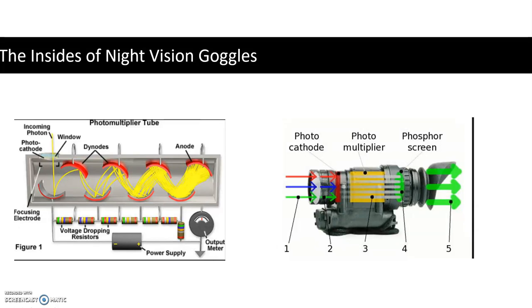When the photoelectron strikes a hole, it ionizes atoms at that point of impact, which results in even more photoelectrons.